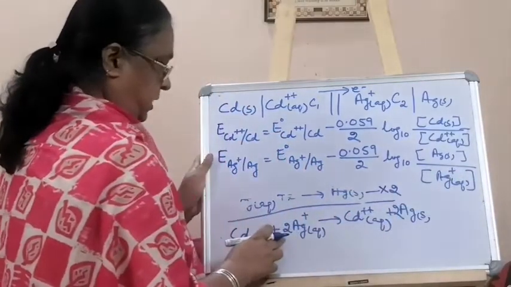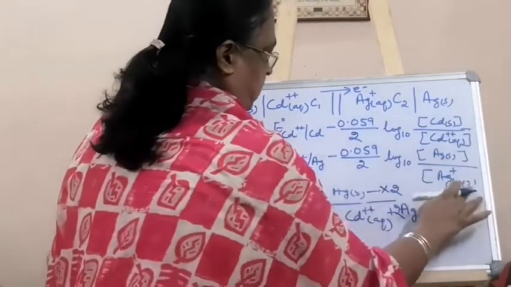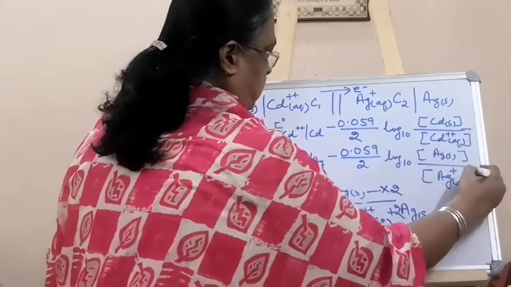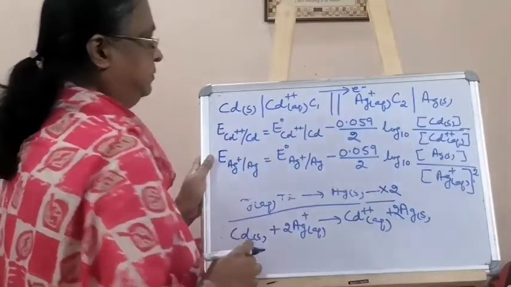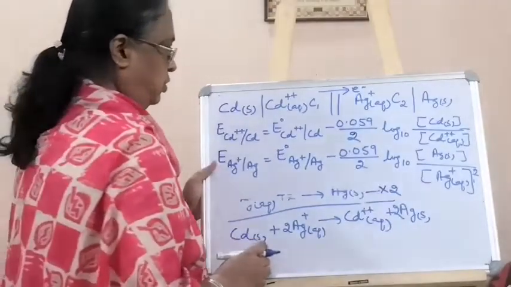But the silver ion coefficient is 2, so as you have studied in class 11, this concentration will be raised to the power 2. I hope this is clear to you.